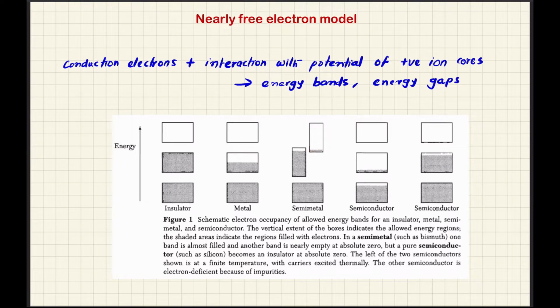This is the case even with the semiconductors. This band is almost filled and this band is nearly empty. This kind of material falls in the semi-metal and semiconductor category. So the band structure of electrons can be explained, and in terms of the band structure we can categorize the materials into insulator, metal, semi-metal and semiconductors.